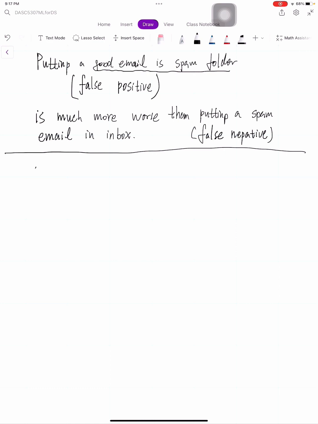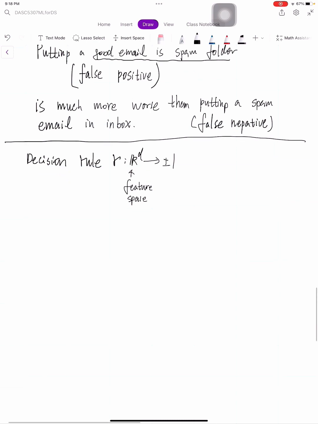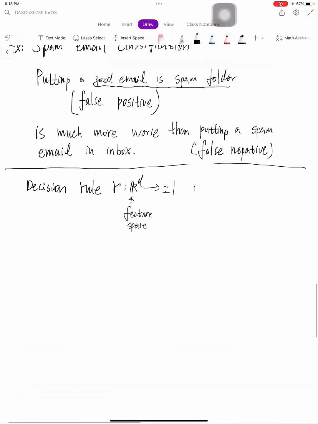Based on the loss function, we are trying to find the decision rule. Let's say a decision rule, we call it R, is a function of R^D, where R^D means the feature space. For each given case with D features, we want to classify it as the positive one or negative one.